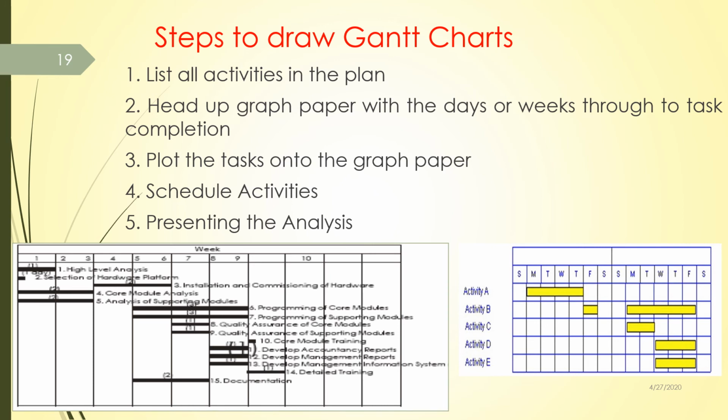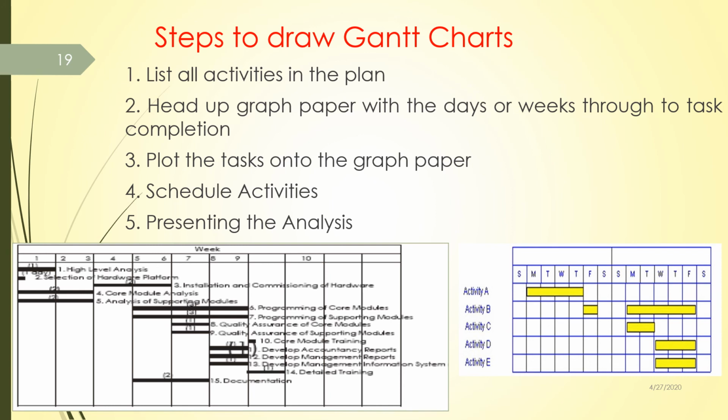Now I am going to elaborate the steps for how to draw the Gantt chart. First we have to list all the activities that are carried out as per the plan. Then we head up the graph paper with the days or weeks through which the entire task has to be completed. Next is simply to plot the tasks onto the graph paper according to the day-wise schedule and present it for analysis.